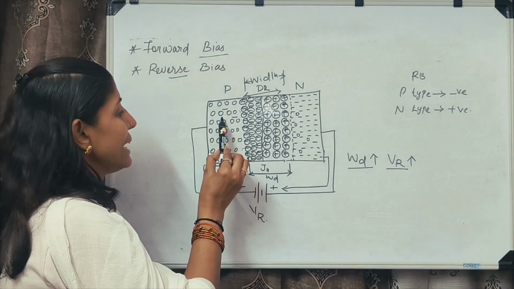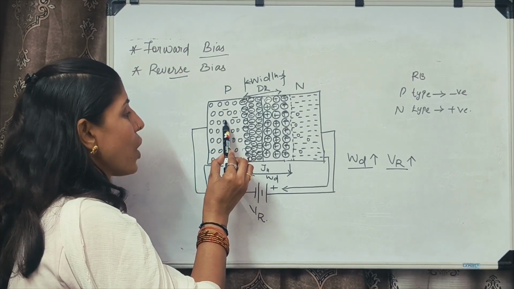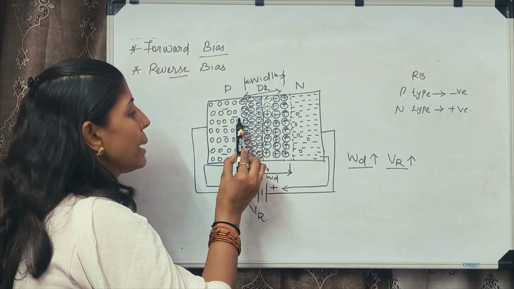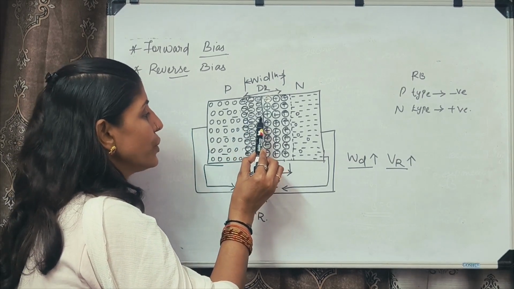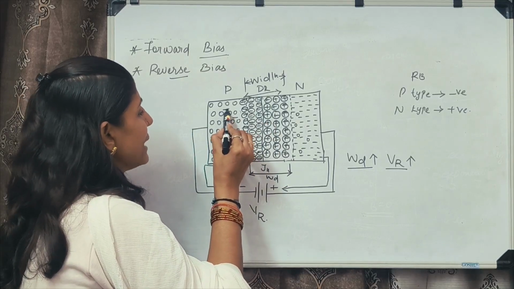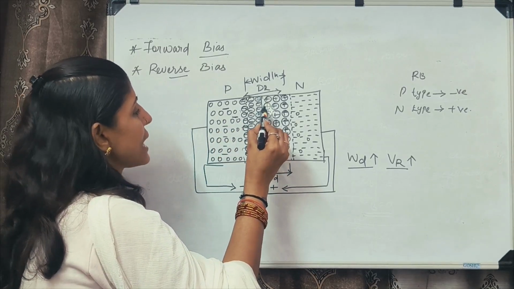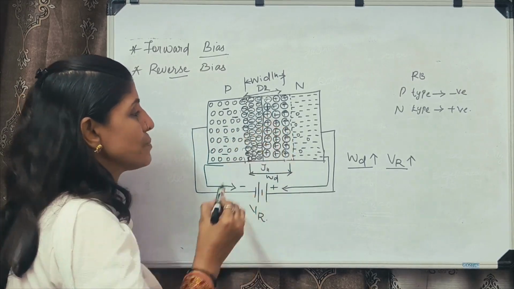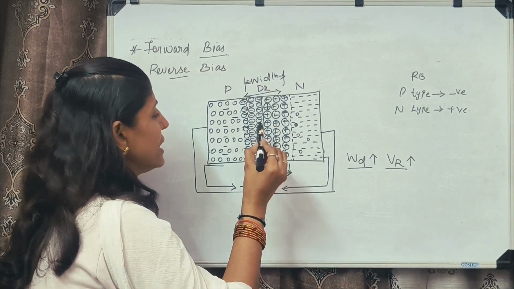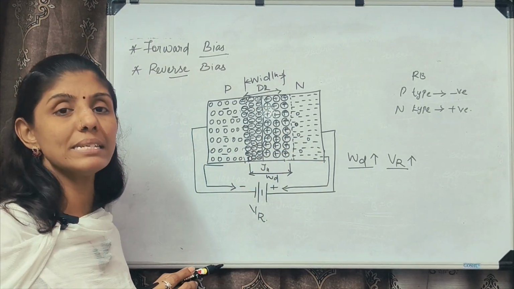So these minority charge carriers also can't easily enter into this part. So these minority charge carriers try to get absorbed by this positive ion, and these minority charge carriers try to get absorbed by this negative ion.